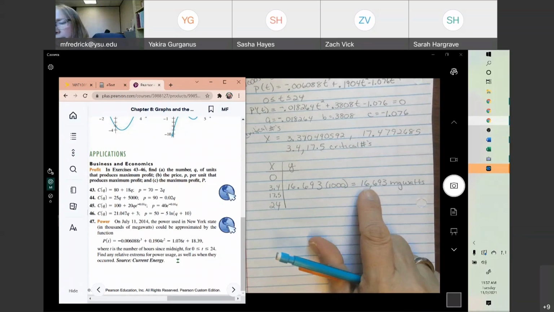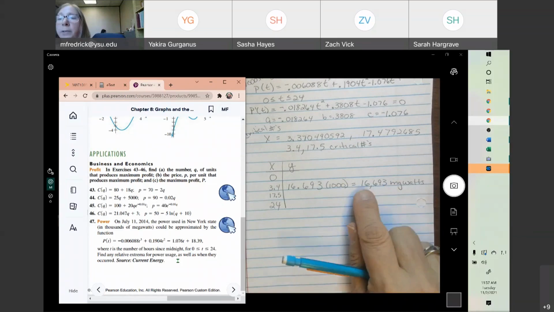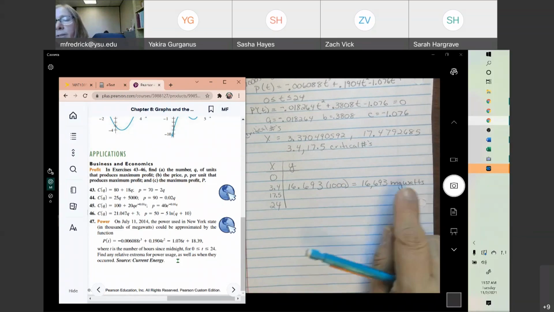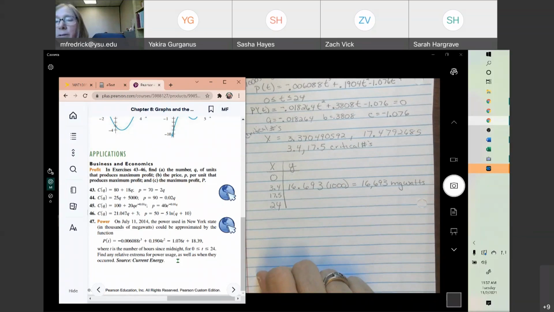If you're not going to write thousand megawatts after it, then you have to multiply by 1,000.